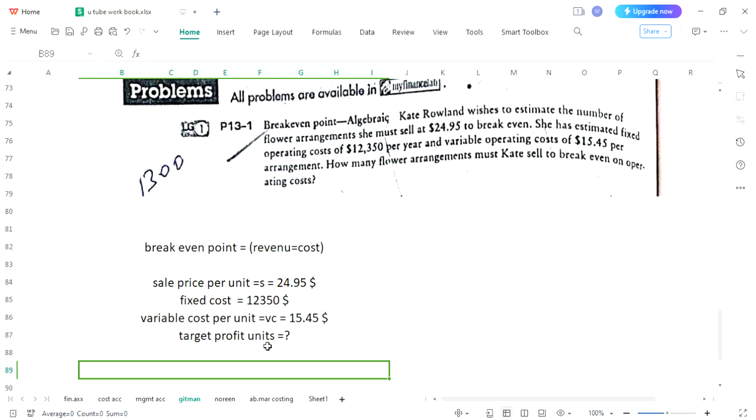So here is our requirement, target profit units, and happily we have a formula for target profit units.